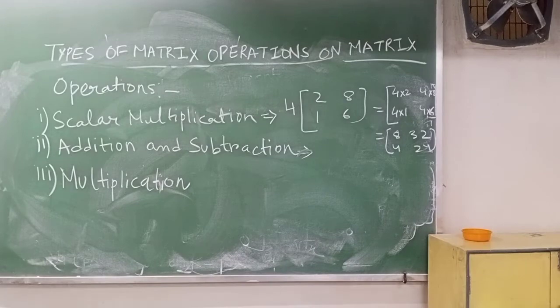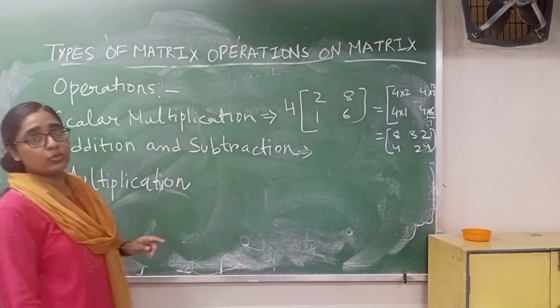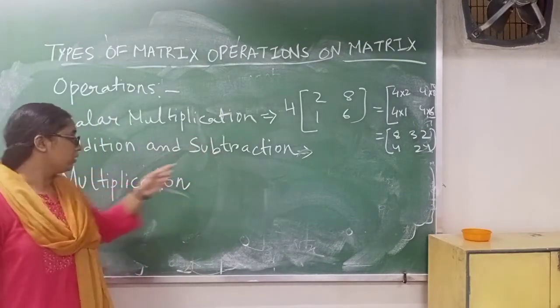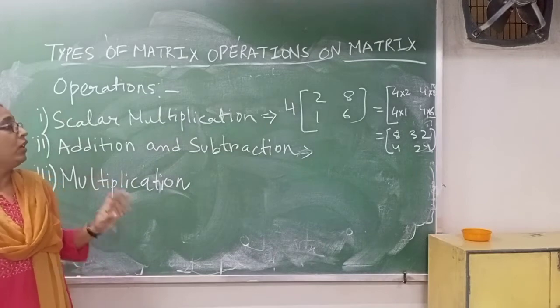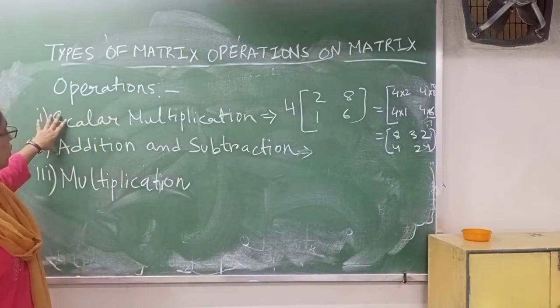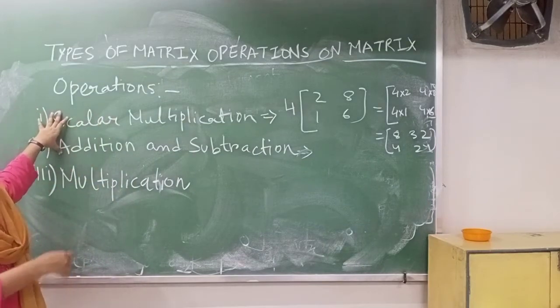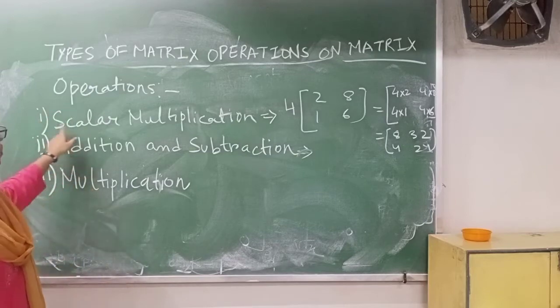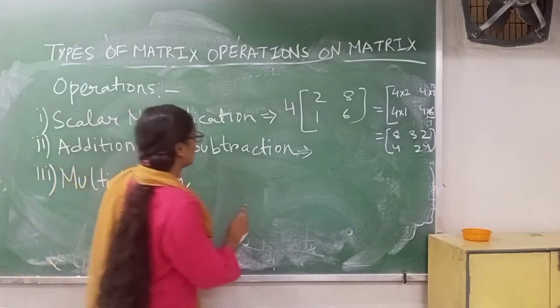Now class, operations on matrix. Three types of operation we can do on a matrix: scalar multiplication, addition and subtraction, and multiplication. First I will tell you about the first two because we will do sums related to those only, and in the last I will tell this one. Now what is scalar multiplication?